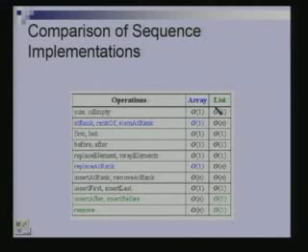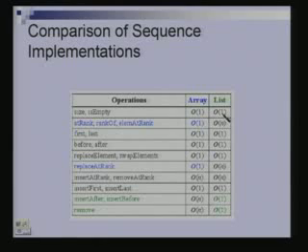So this is a comparison of the sequence operations. You can implement a sequence using an array, in the picture I showed you previously, and you can also implement a sequence using a doubly linked list, and this would be the worst case running times of that.